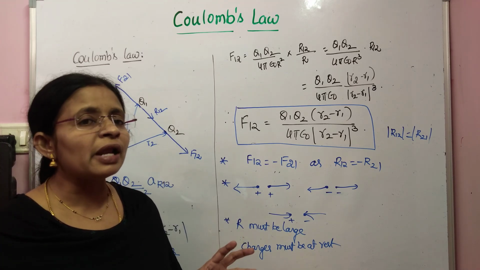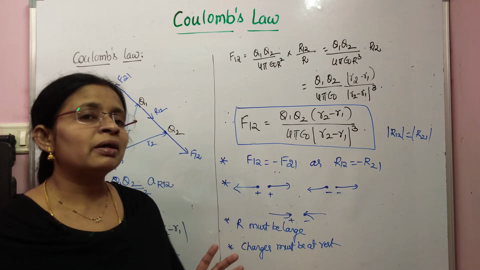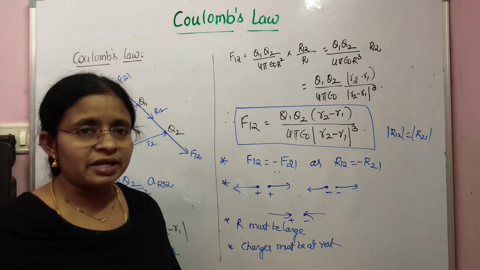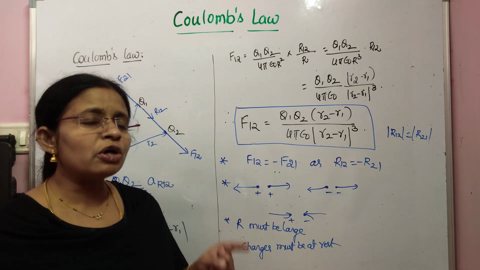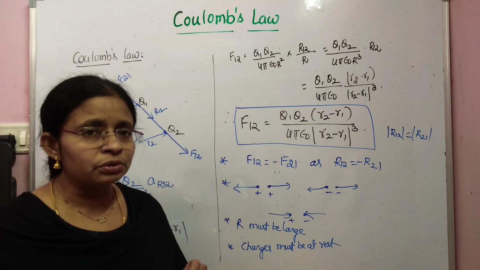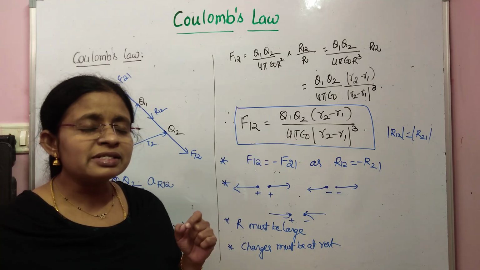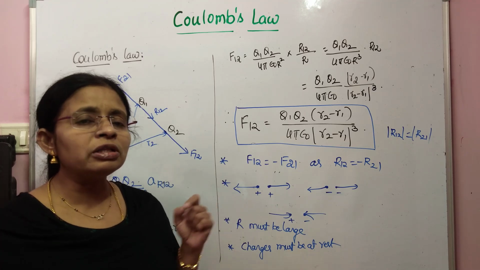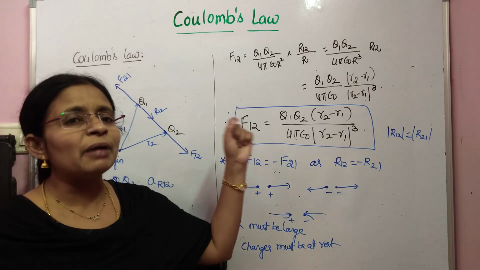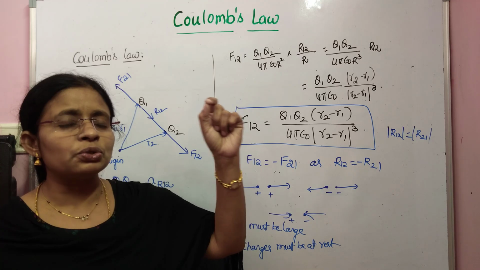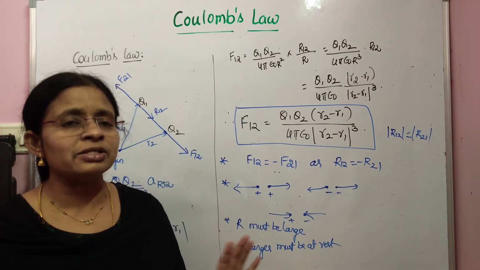Then you have to apply the superposition theorem. According to the superposition theorem, to find the force on a charge Q by n number of charges, you simply sum all the forces exerted by the charges Q1, Q2, etc., Qn on the charge Q.